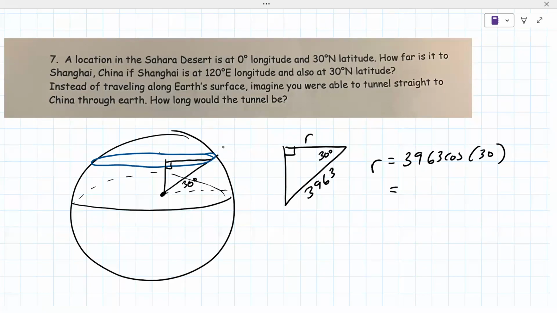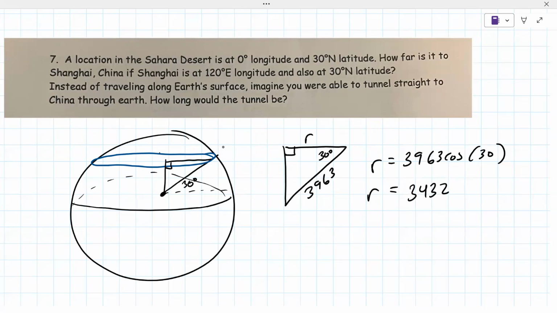I think you already did that calculation a few times, but if you want to, you can redo it. 3,432. Okay, go with that.